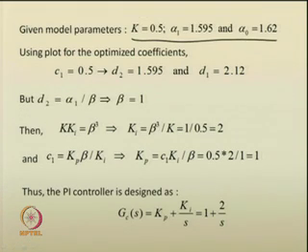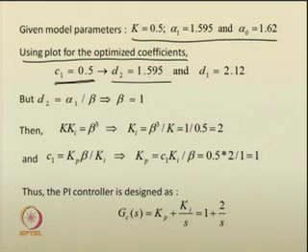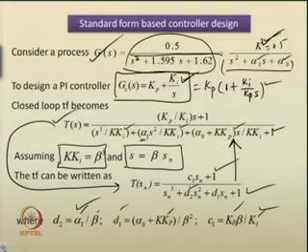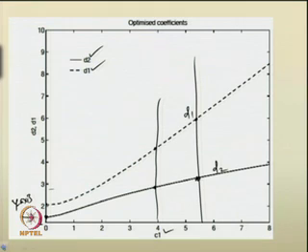Then substituting these values and using the plot for the optimized coefficients, when C1 equal to 0.5, D2 can be obtained as 1.595 and D1 equal to 2.12. So, this is what we get from the plot.